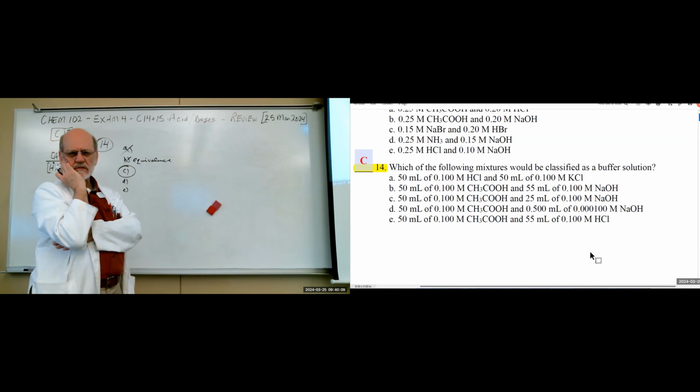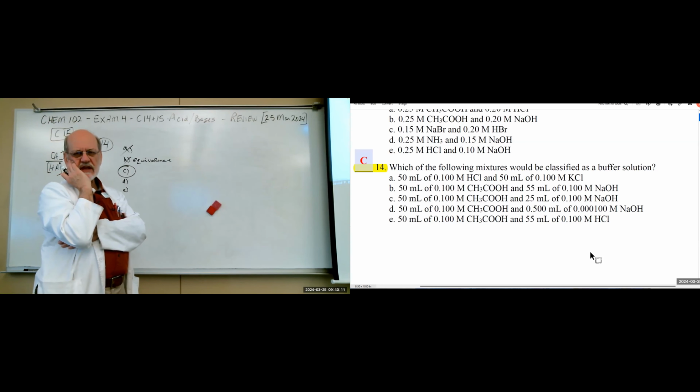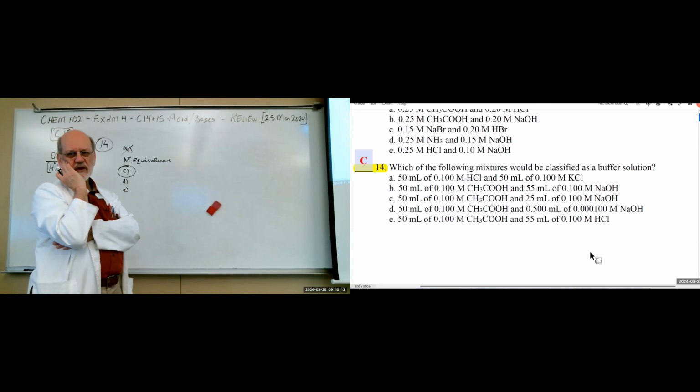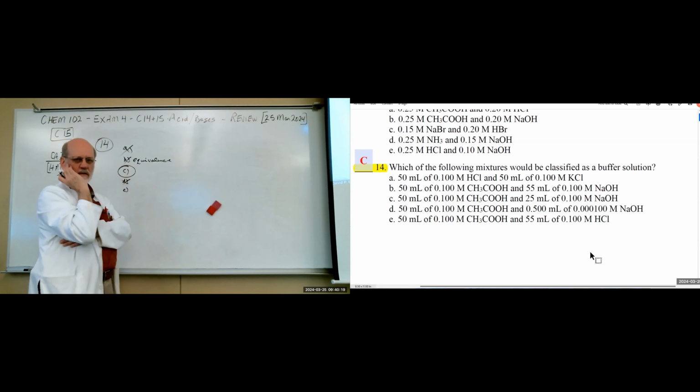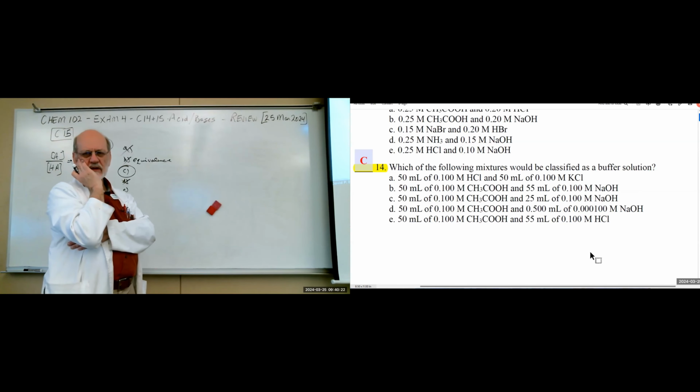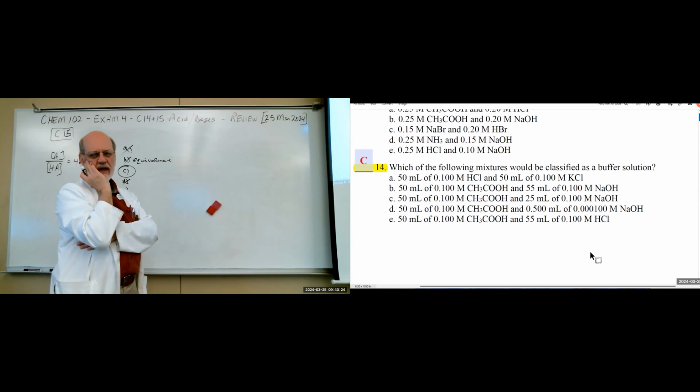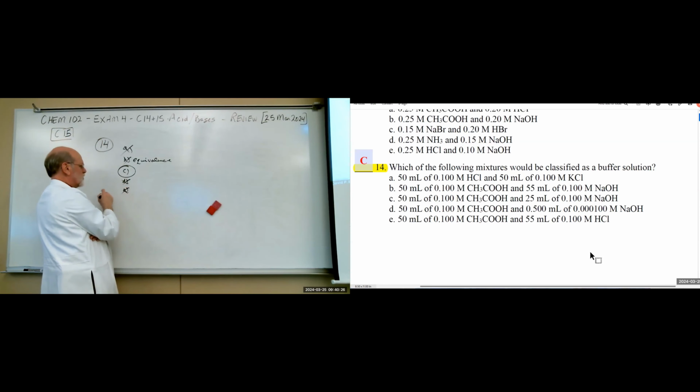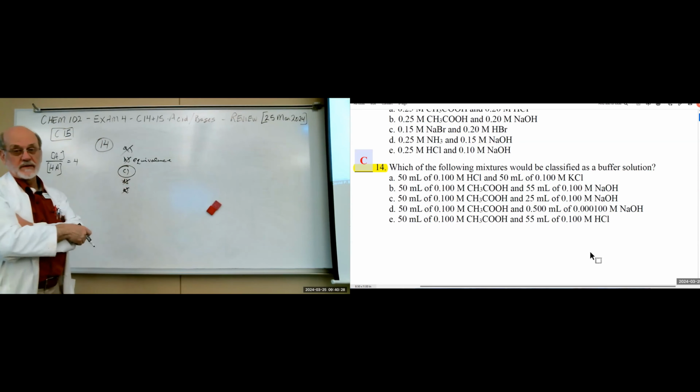D, 0.1 molar acetic acid and 0.5 milliliters of 0.0001. No, that's not enough base. D can't work. E, you can't put two acids together and make a buffer. C is the best answer.